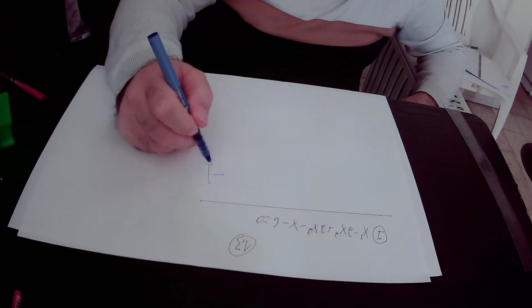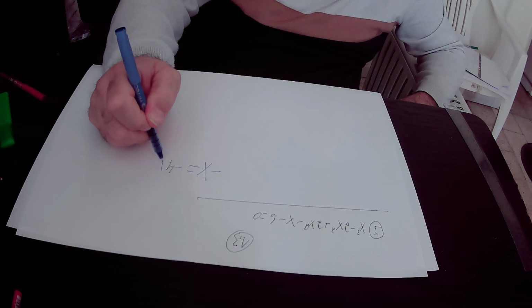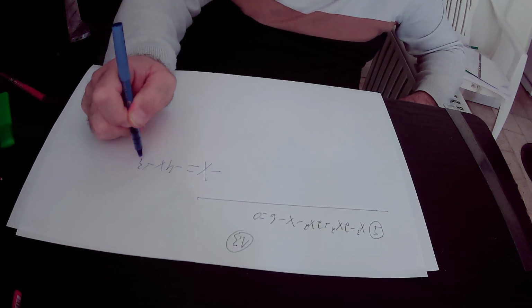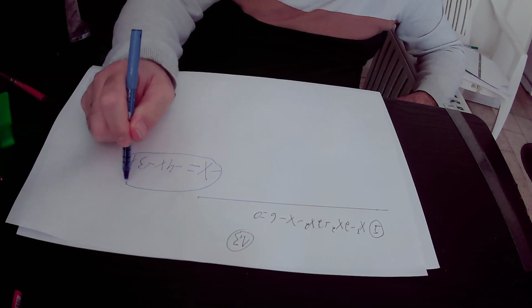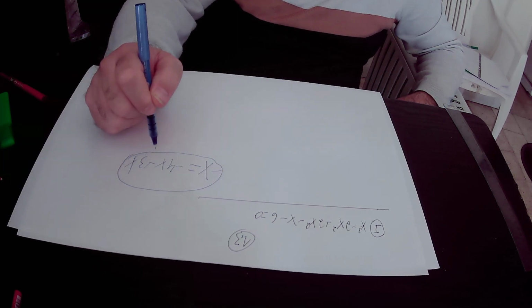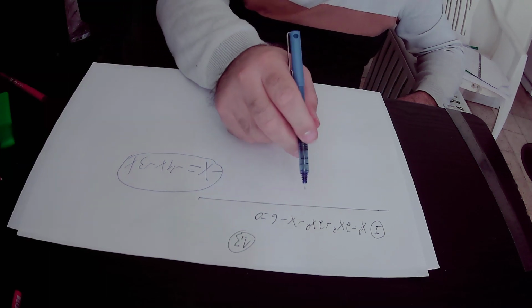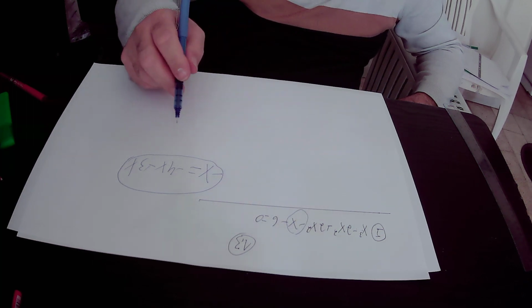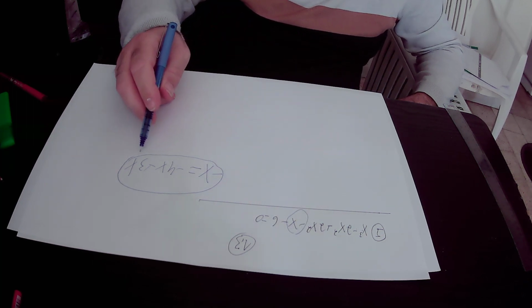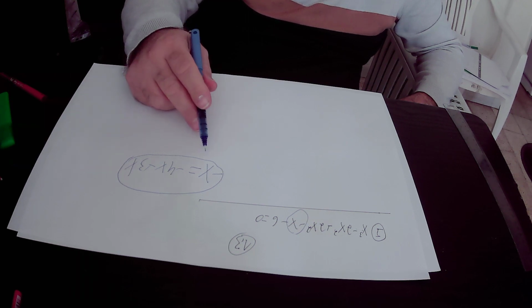Here minus x equals minus 4x plus 3x. So we will substitute minus x in equation number 1 by minus 4x plus 3x, because minus 4x plus 3x equals minus x.